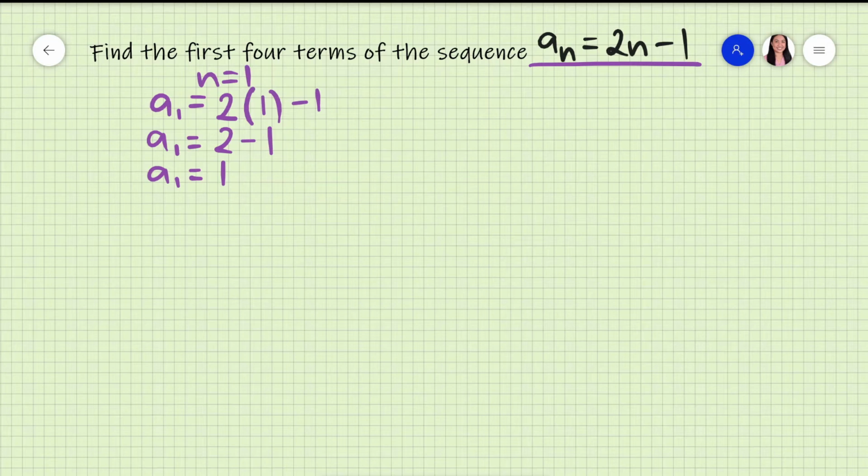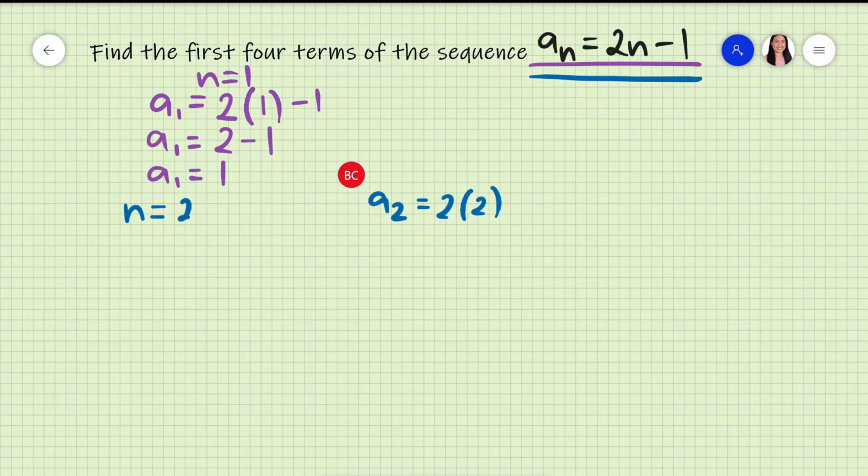To find the second term, let n be equal to 2. Use the given general term a sub n is equal to 2n minus 1. Now, this will become a sub 2 is equal to 2 times the quantity 2 minus 1.